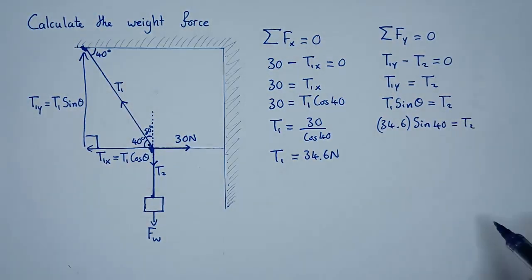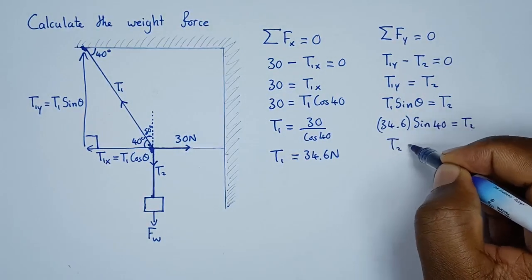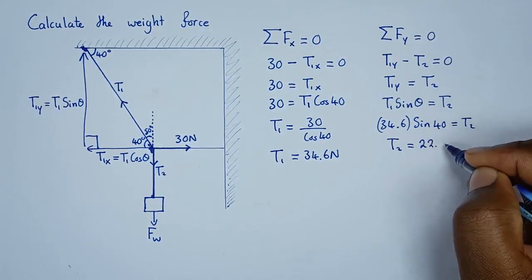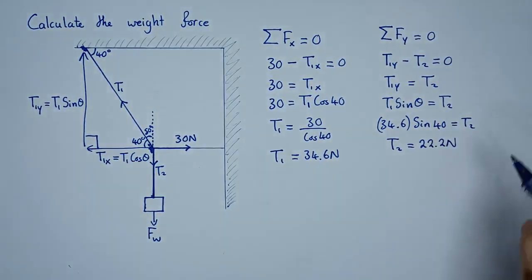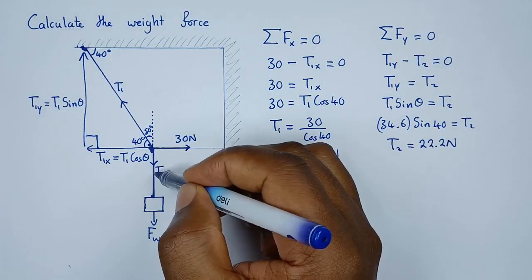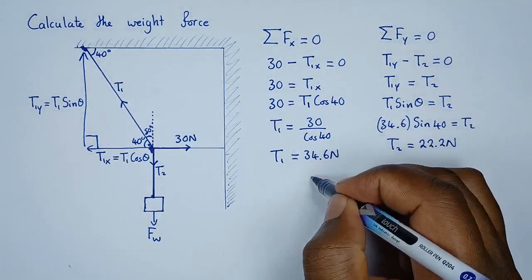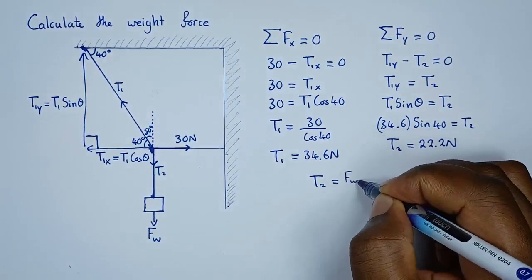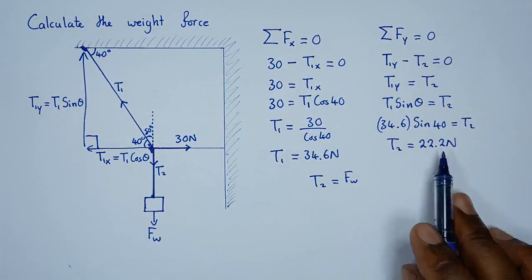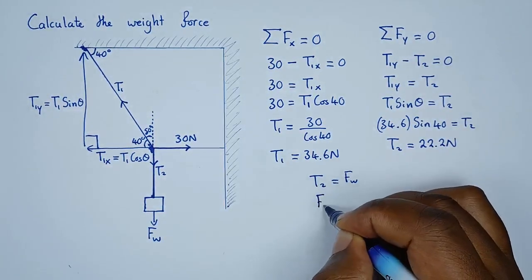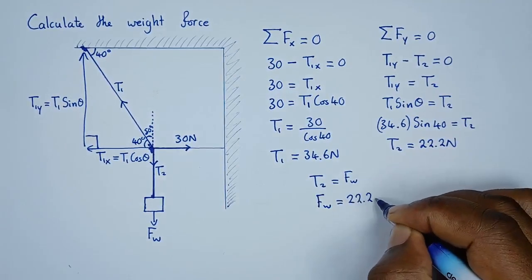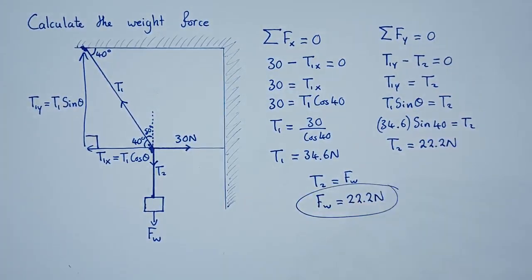If we compute this, we'll see that T2 is equal to 22.2 newtons. Now, since T2 is the one attached to the object, we can simply say tension 2 is equal to the weight force. Since tension 2 is 22.2, the weight force in this case will be equal to 22.2 newtons. So that's what we're looking for.